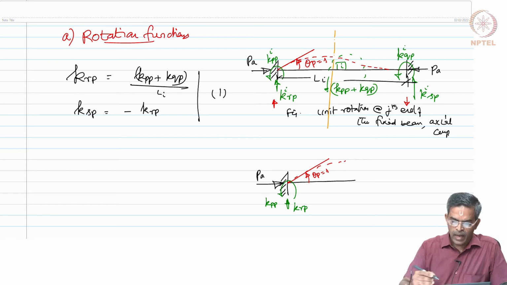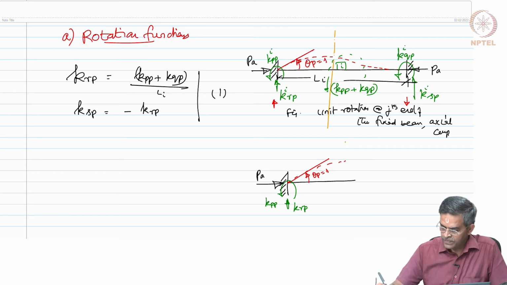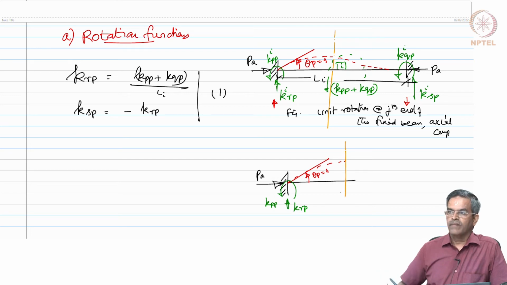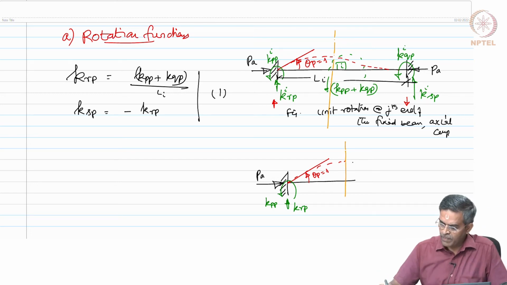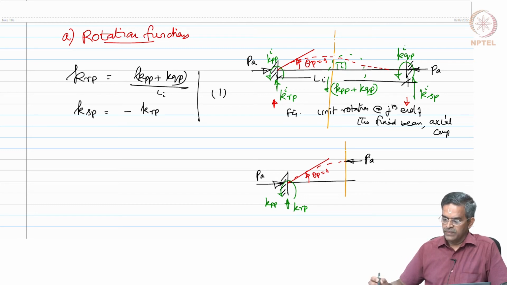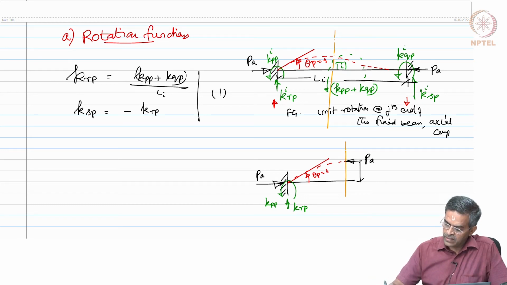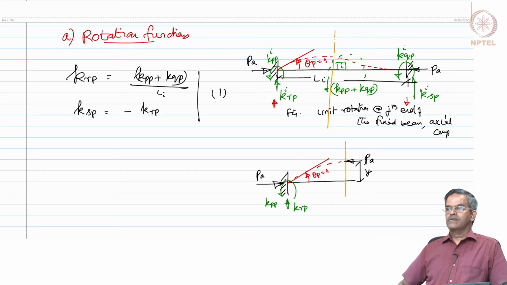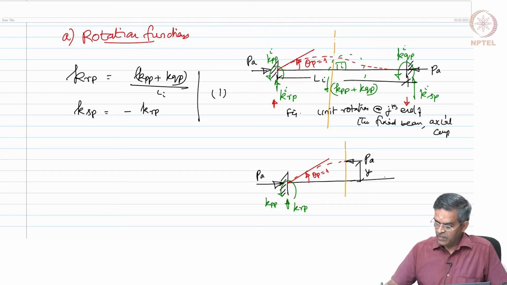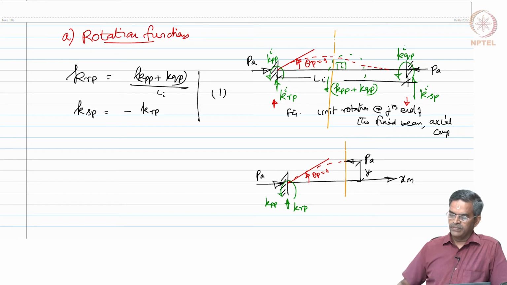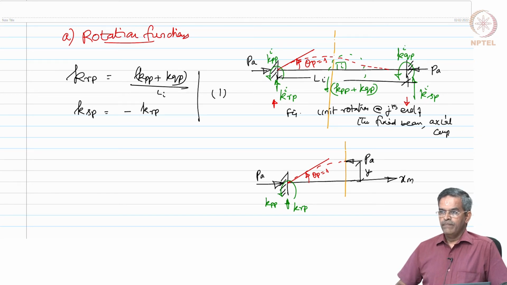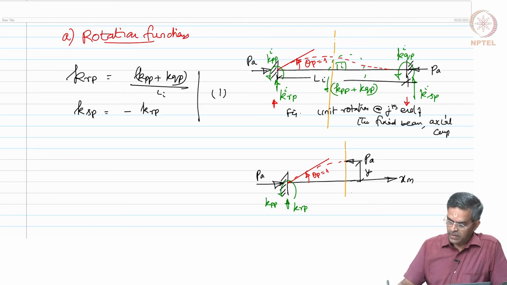Now, at this stage, I have a balanced force PA to counteract this. Let us say that is at a distance y from the axis of the member, and it also has a moment which is m.